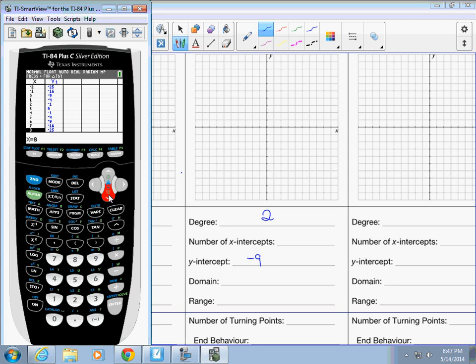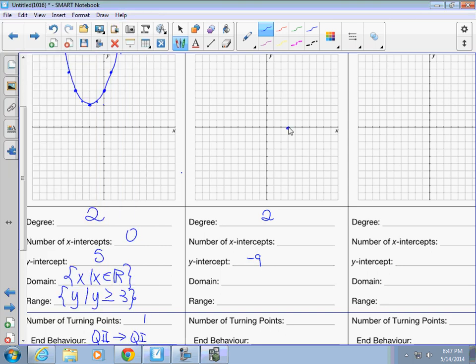So 3, 0, and then I had -1, -1, -4, -4, -9, -9. So when x equaled 0, my y was equal to -9, so that worked with that value there. So my vertex was at 3, 0. My y-intercept was at -9.